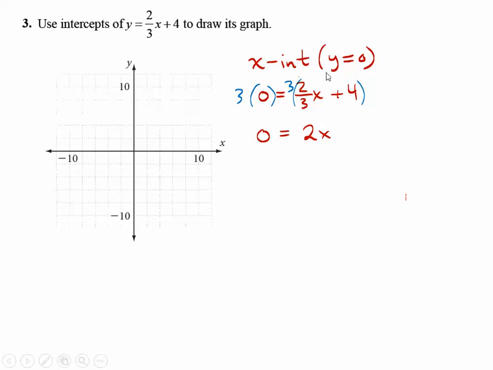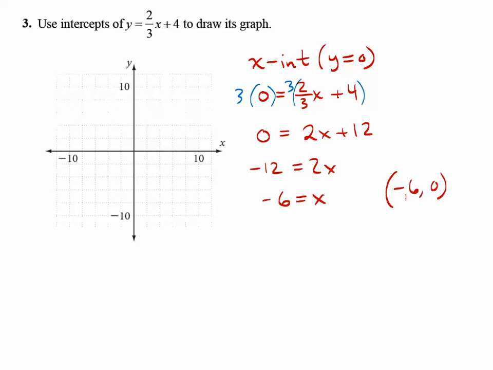This is distribution right here, so 12. And how about we subtract 12 from both sides? Divide by 2. Everybody okay with x equals -6?